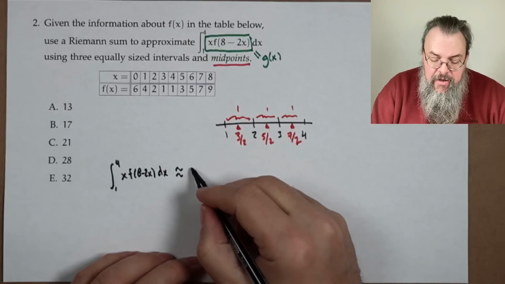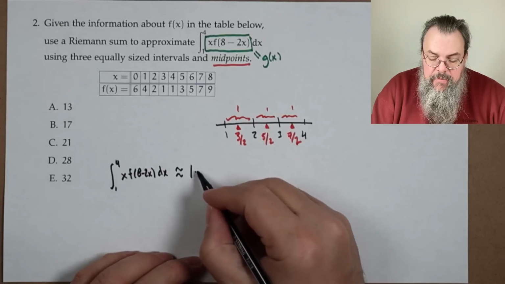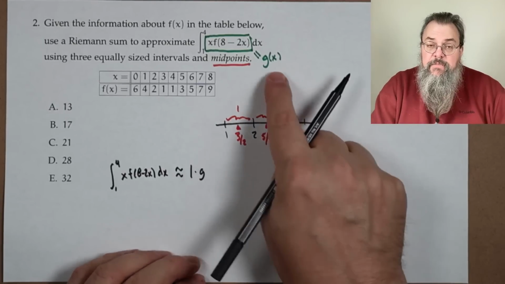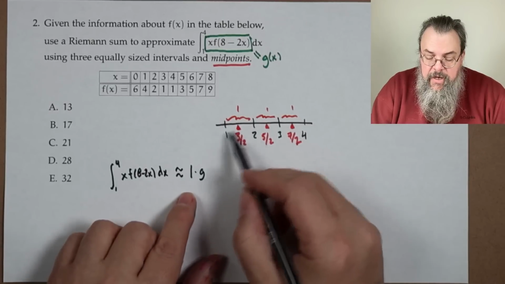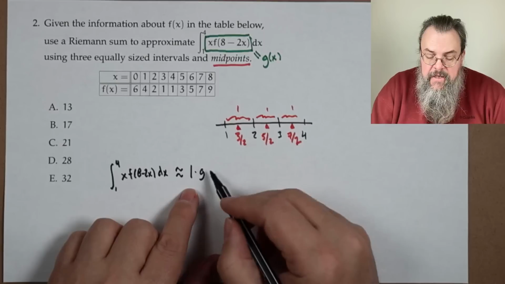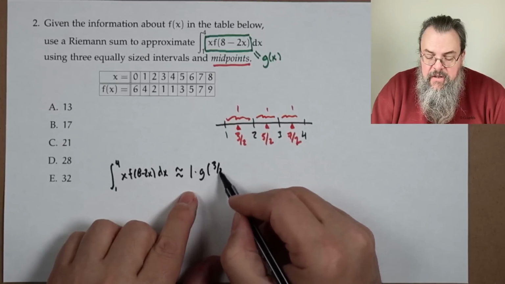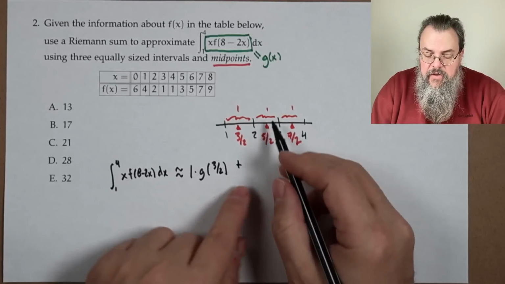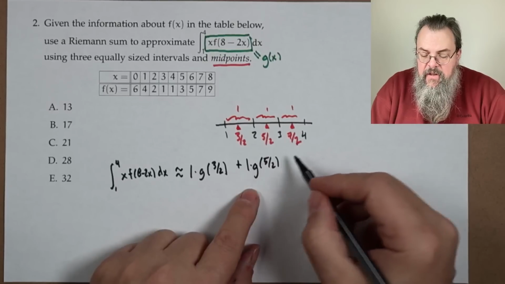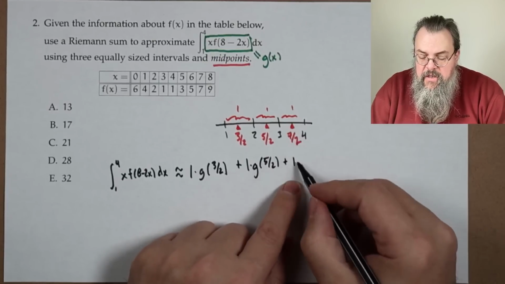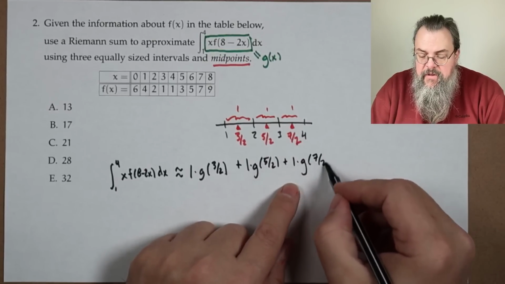We're going to take our width times our height. For simplicity, I'm going to use g for just a second. First rectangle, width 1, height when we plug 3 halves in. Second rectangle is still width 1, height when we plug 5 halves in. Third rectangle, still width 1, height is when we plug 7 halves in.